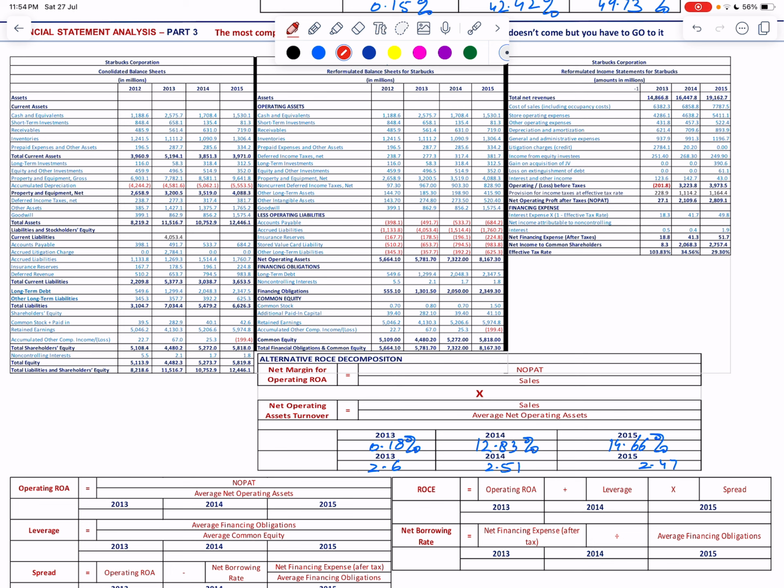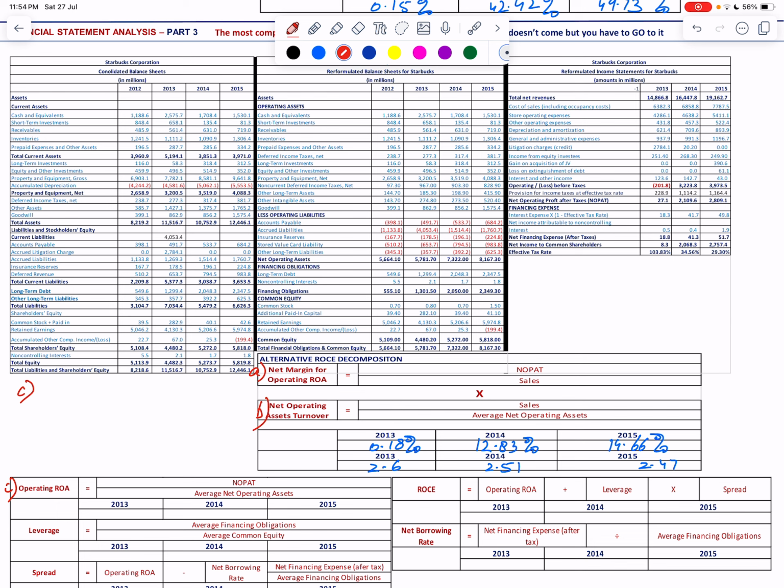This was A, this is B. We move on to C now, that is operating return on assets. And just keep in mind, I am just making the calculation for the year 2015, as you can replicate for 2014 and 13 as well accordingly.